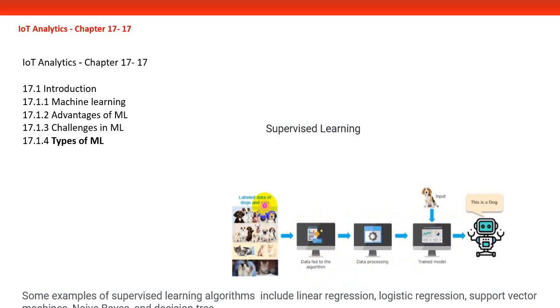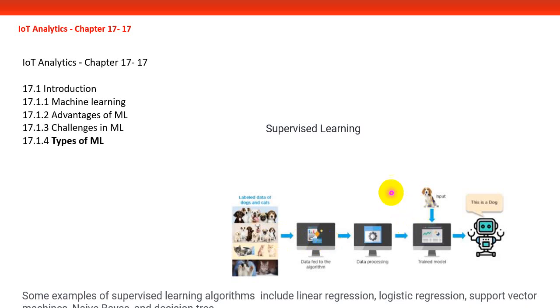Initially, you are providing the inputs to the program. That means you are giving so many inputs: cat, rat, dog. Assume these three, cat, rat, dog. You are giving these three to the program, and you are asking it to find the cat.